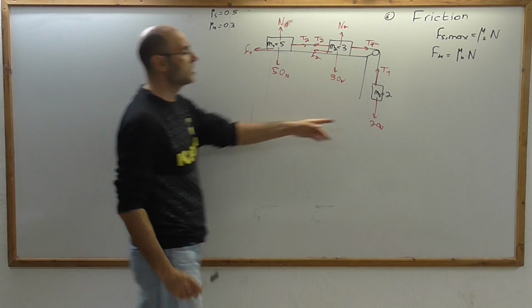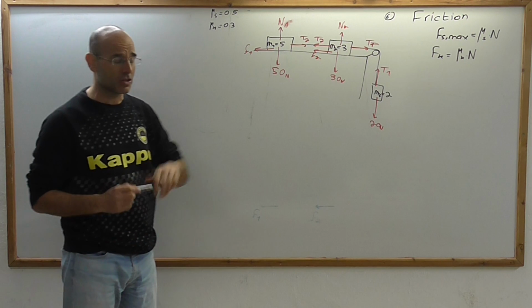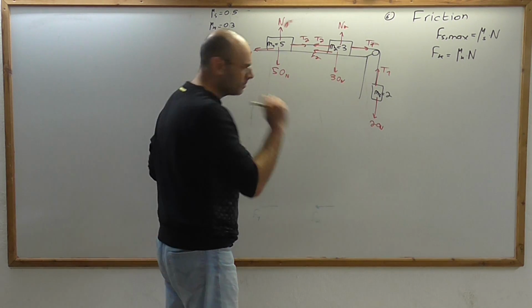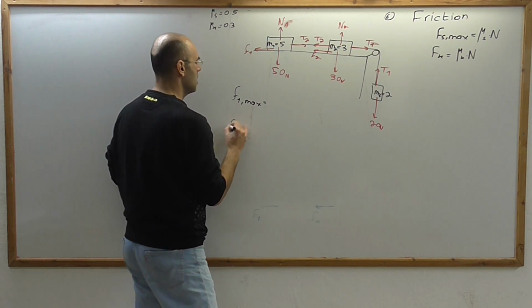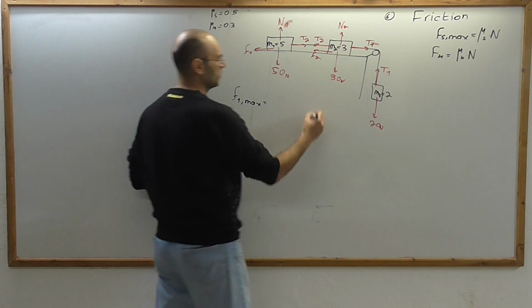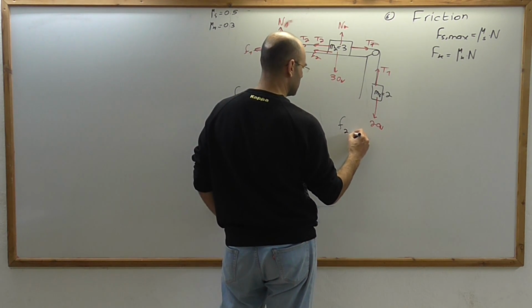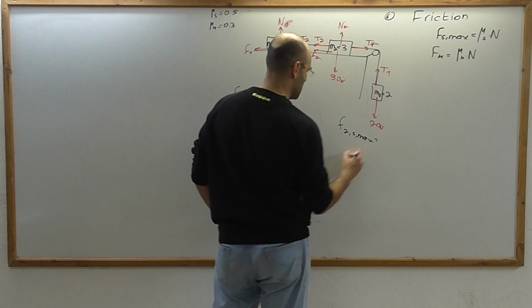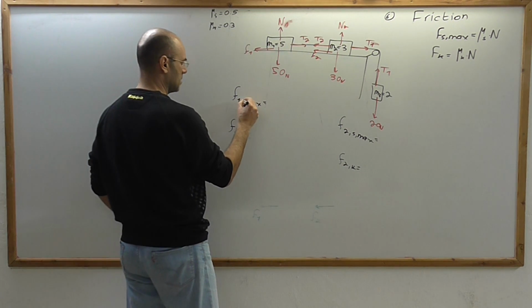Because I don't know if this 20 newtons can overcome the maximum friction forces of both. So I calculate F1 static max, F1 kinetic, F2 static max, F2 kinetic.